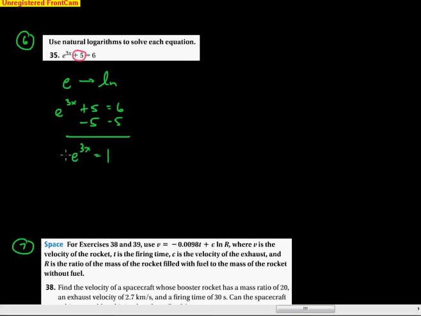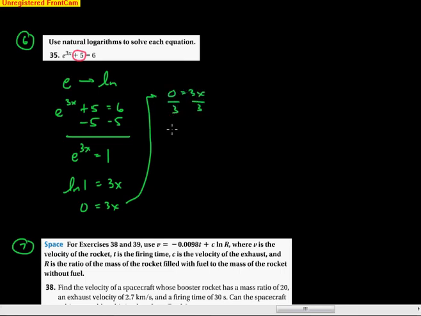And now I can write this in terms of logs. Natural log, now again, this would be a base e, you don't have to write it. Natural log of 1 equals the exponent 3x. Remember, log equals exponent. And we use our calculator, the natural log button of 1. Uh-oh, that comes out to be 0. No big deal. So 0 is 3x.